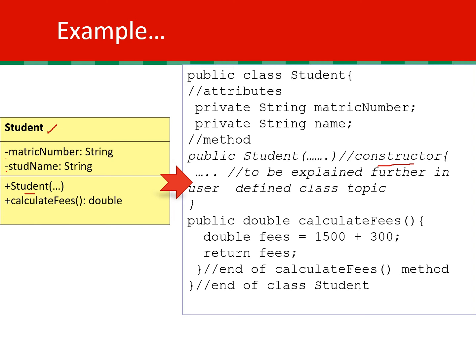The return value is double. How do I know it's double? Check here: return fees. Fees is a double, so it returns double. In this case, it's a public method. See, it's a plus sign, so it's a public method. Basically, this is an example of a Student class.